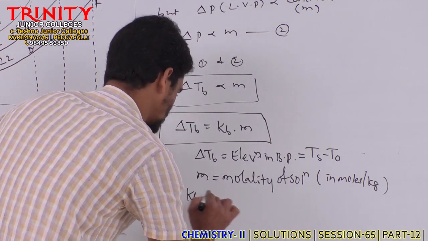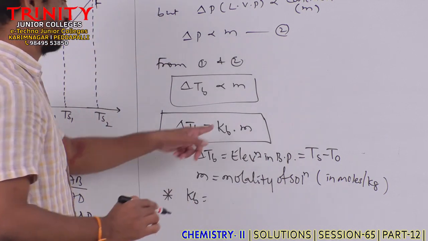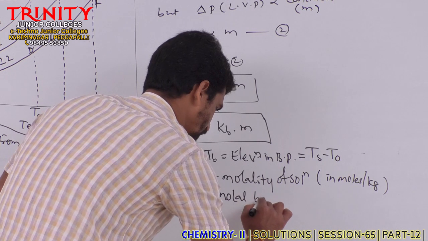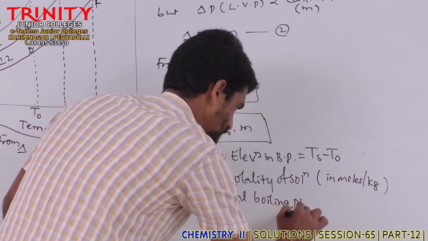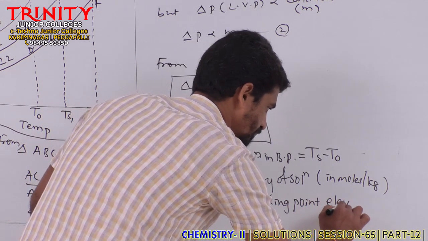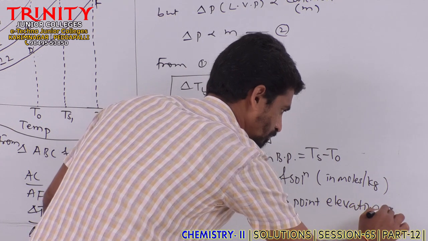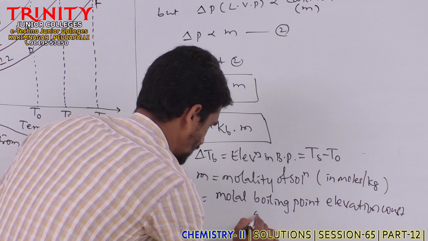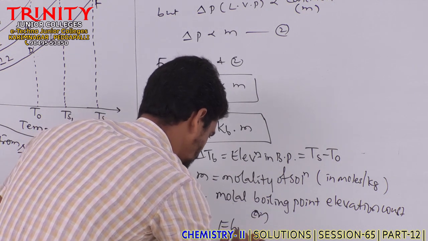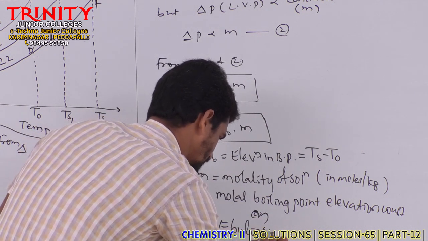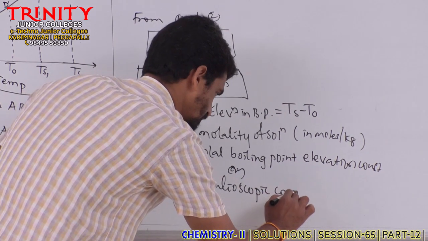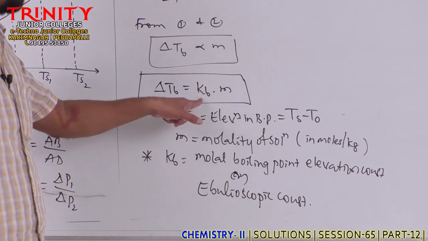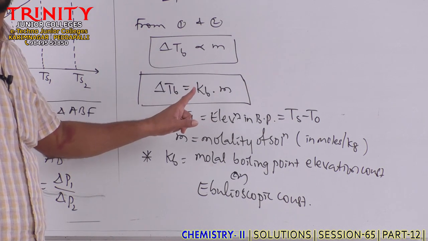Kb is a constant. Here Kb is called the molal boiling point elevation constant, or it is also called the ebullioscopic constant. It is a proportionality constant.